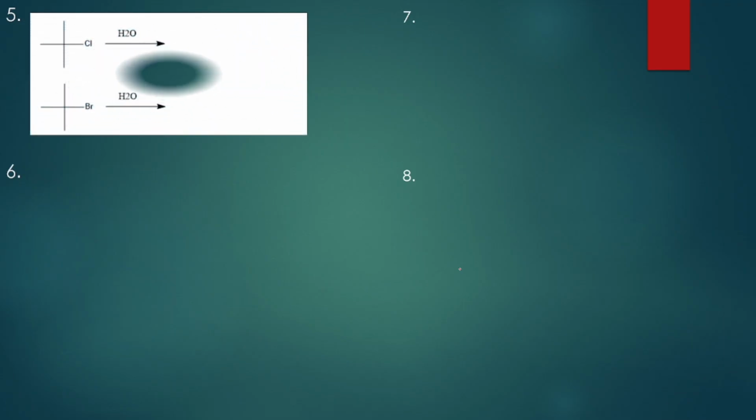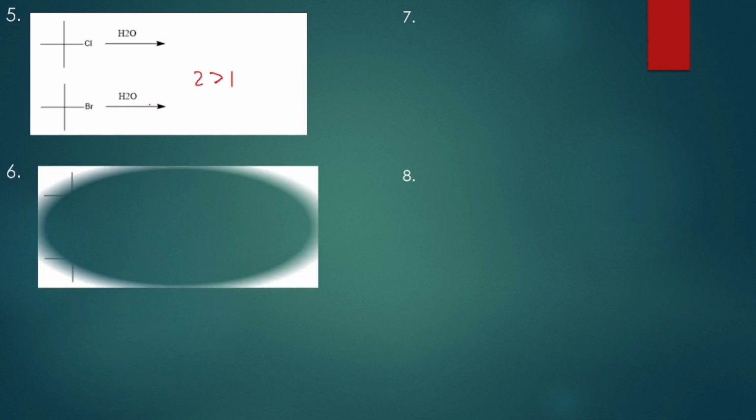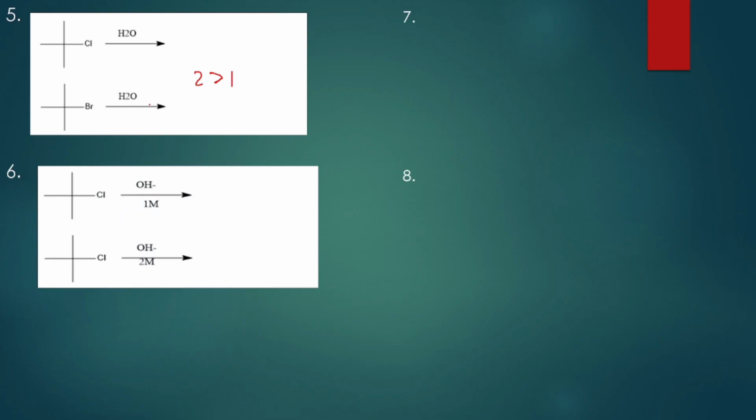Another question, Cl and Br, which is highly reactive? Second one, Br. Next, OH minus 1 molar, OH minus 2 molar. Same.